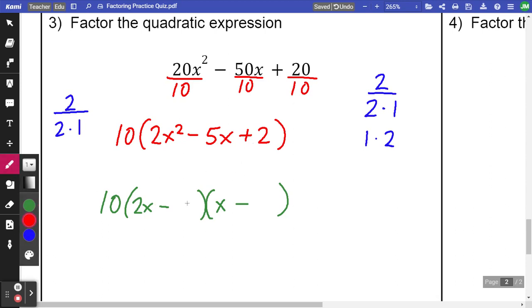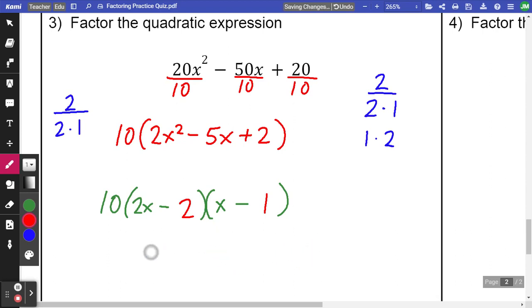So if you try out the first scenario, 2x minus and then x minus 1. The outsides are negative 2x times -1 is just minus 2x, minus 2x from the inside, and that is equal to -4x. So that's not going to work.